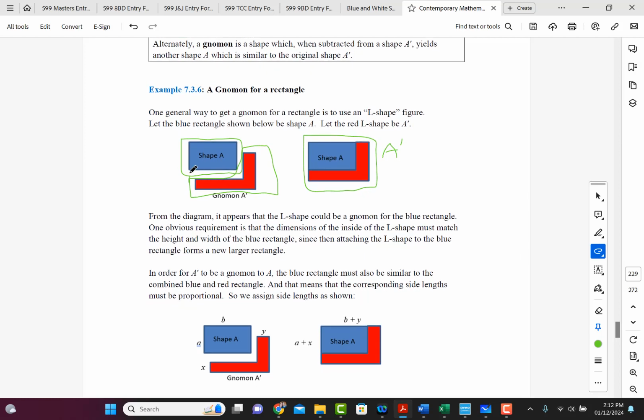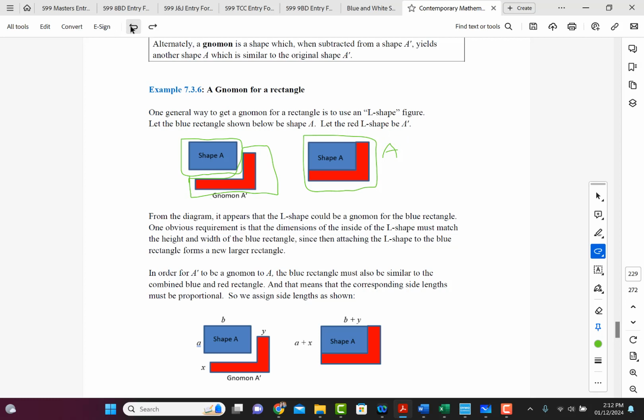So in this case here, this red shape is what we're going to call nomen A prime. Actually, they're going to call this A prime, not this.